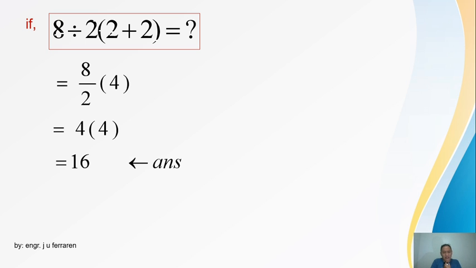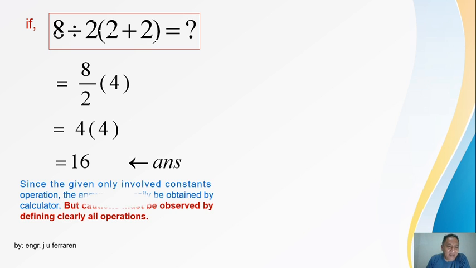Now, the good thing here is that all operations we've made, no, are actually dealing with constant values. And if we are dealing with constants, the use of a calculator is very possible. No? But be careful in using your calculator. Since the given involves constant operations, the answer can easily be obtained by calculator.